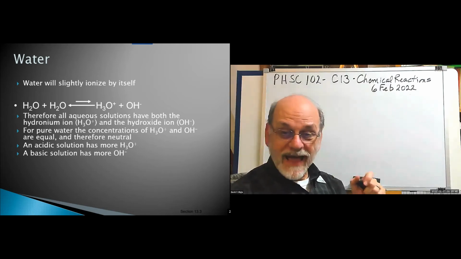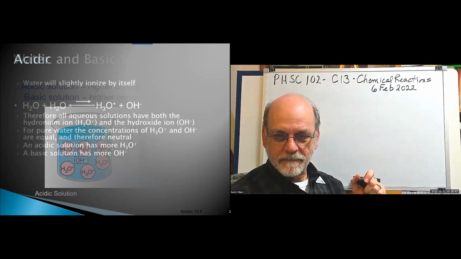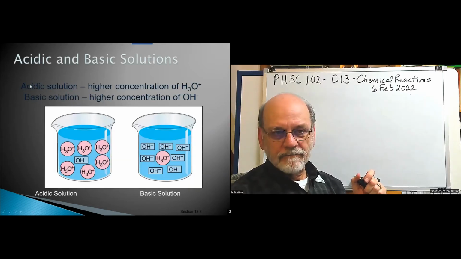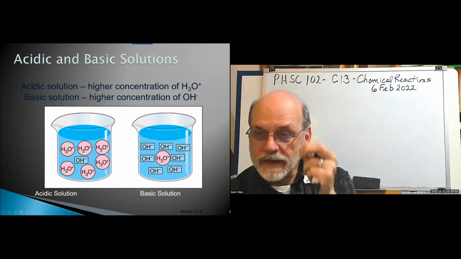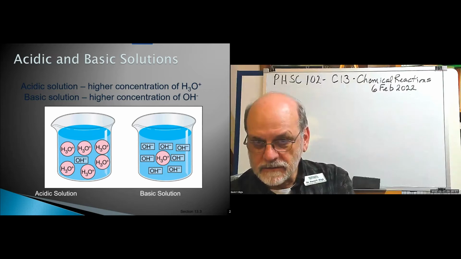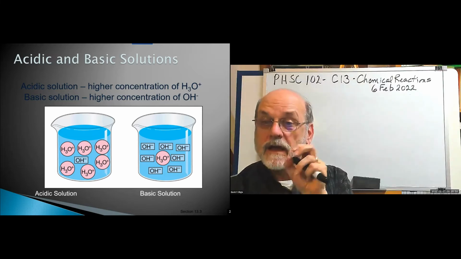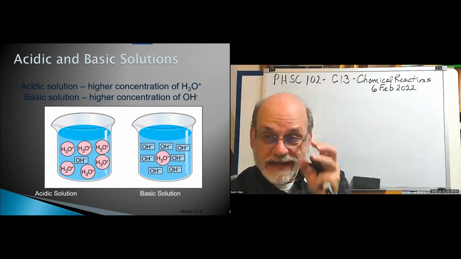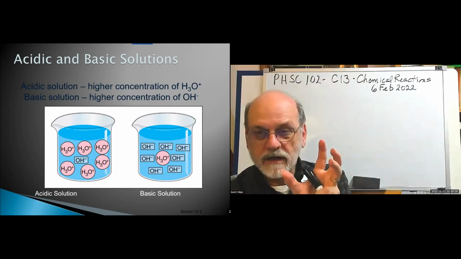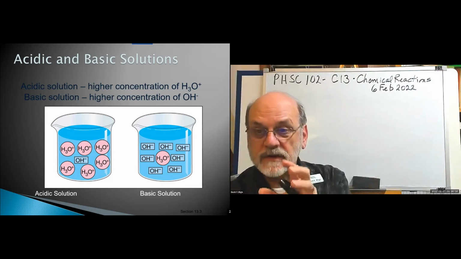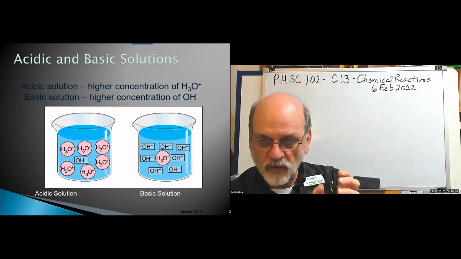Okay, so when that happens, we produce equal amounts of hydronium and hydroxyls, right? Because they're equal amounts, there's no winner. You don't have acid or base in excess in pure water.